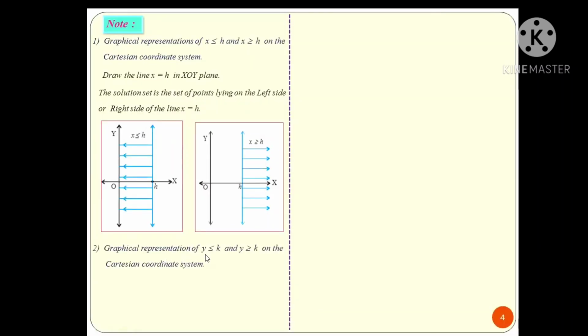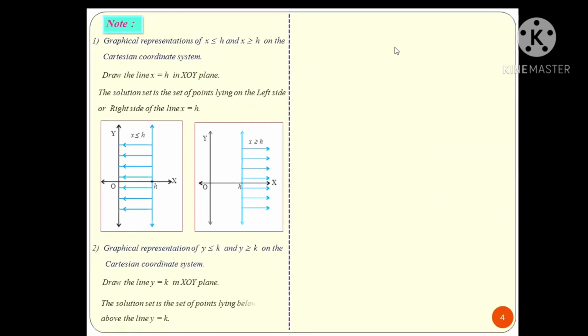Graphical representation of y less than or equal to k and y greater than or equal to k on the Cartesian coordinate system. First, draw the line y is equal to k in the xy plane. Check the figure here.